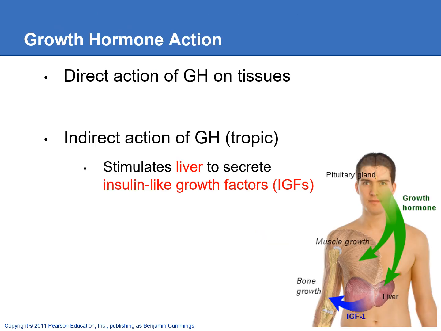So growth hormone has two different ways that it can act. So one is that it can act directly on the tissues. So it can go right to the body cells and tell them to grow or change their metabolism. And then the second pathway that growth hormone will follow is that it will go to the liver. And then it will tell the liver to release a hormone called insulin-like growth factor.